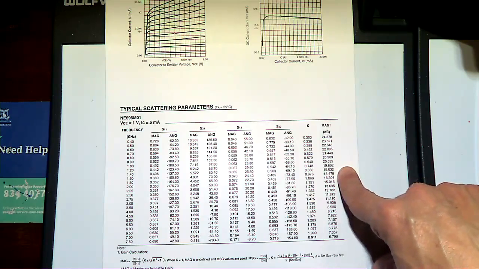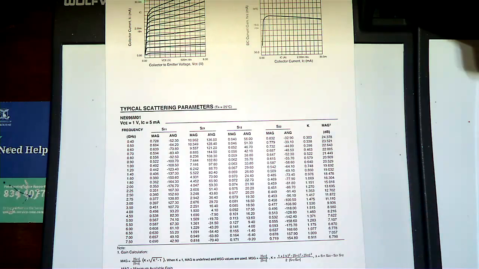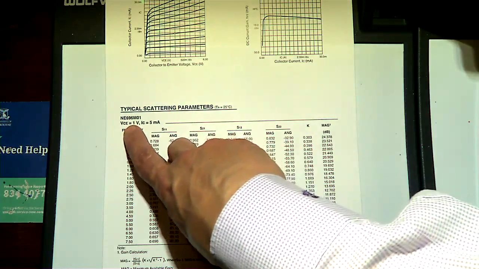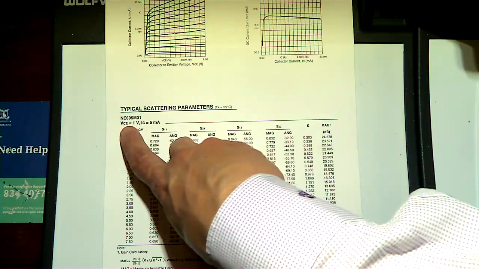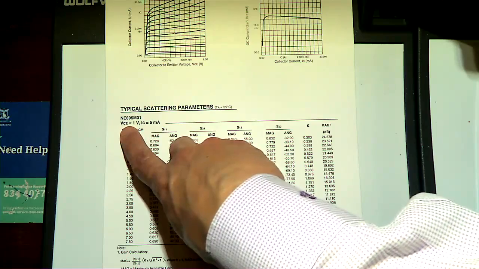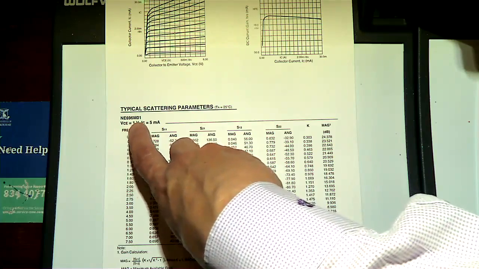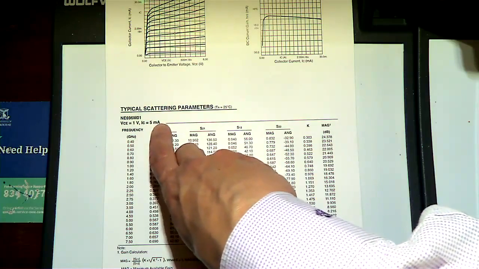So for example, if you wanted to design an amplifier that operates at, say, 3 gig, what would we do? In this case it's a BJT because it's got a collector and an emitter. What we need to do is place 1 volt across the collector and emitter and a collector current of 5 milliamps.